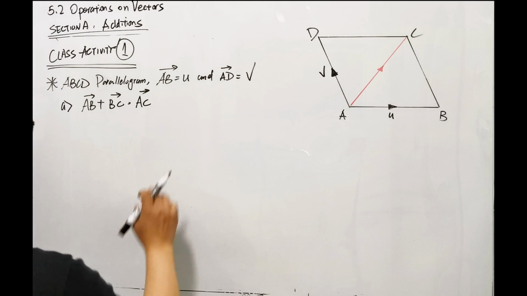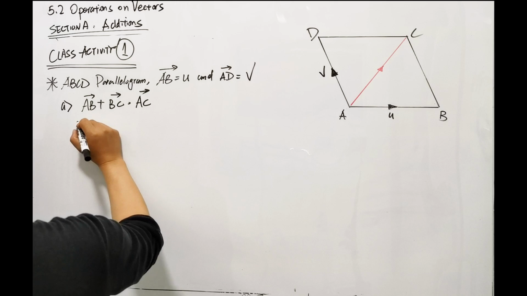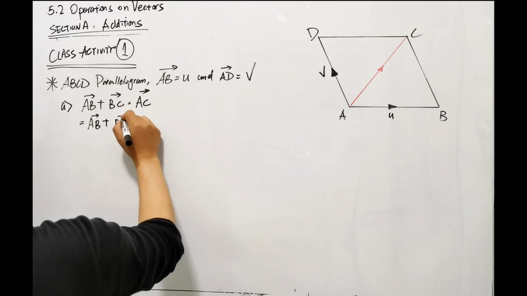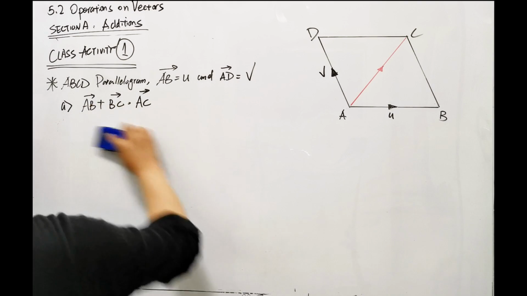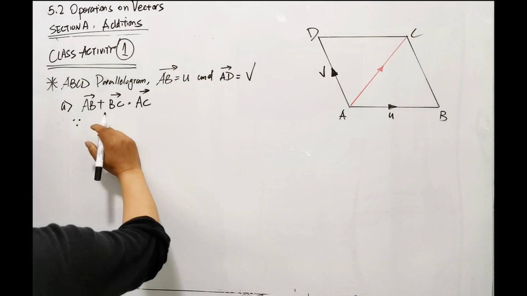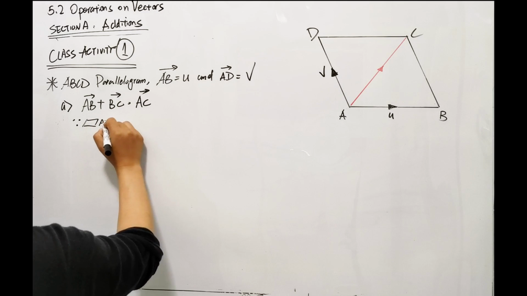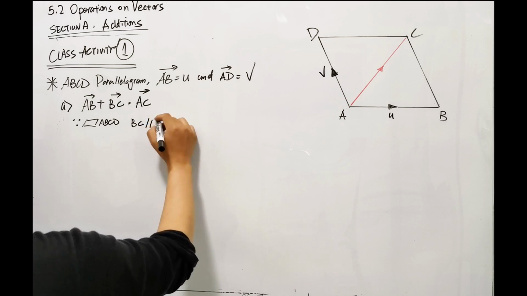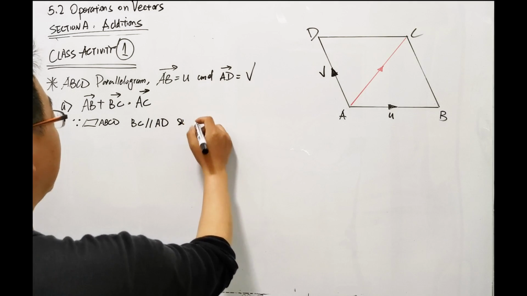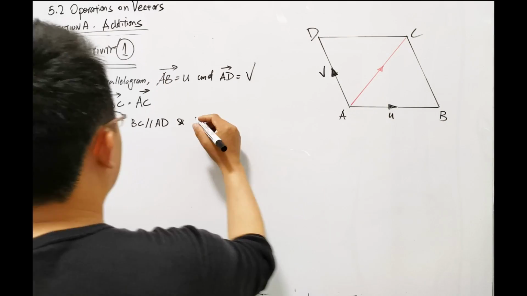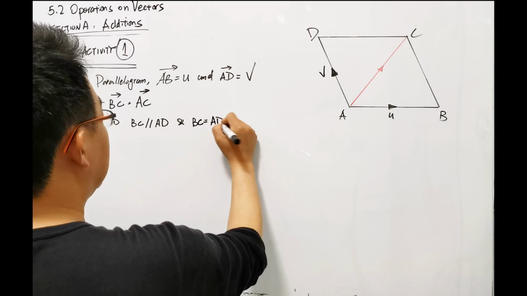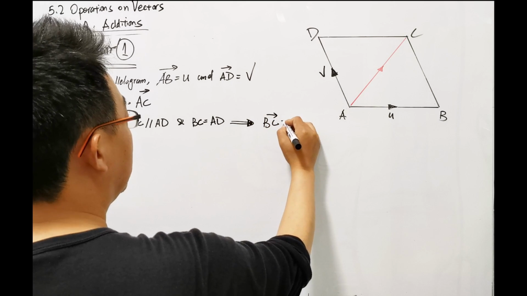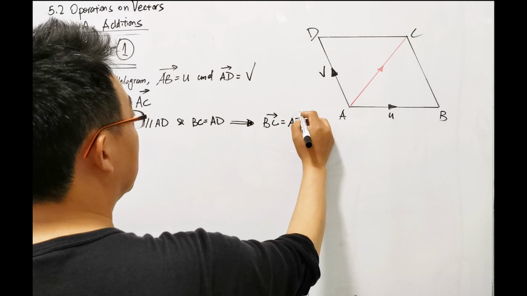Because ABCD is a parallelogram, BC is parallel to AD, and because these two lines are parallel and BC equals AD, we know that BC equals, in terms of vectors, AD.